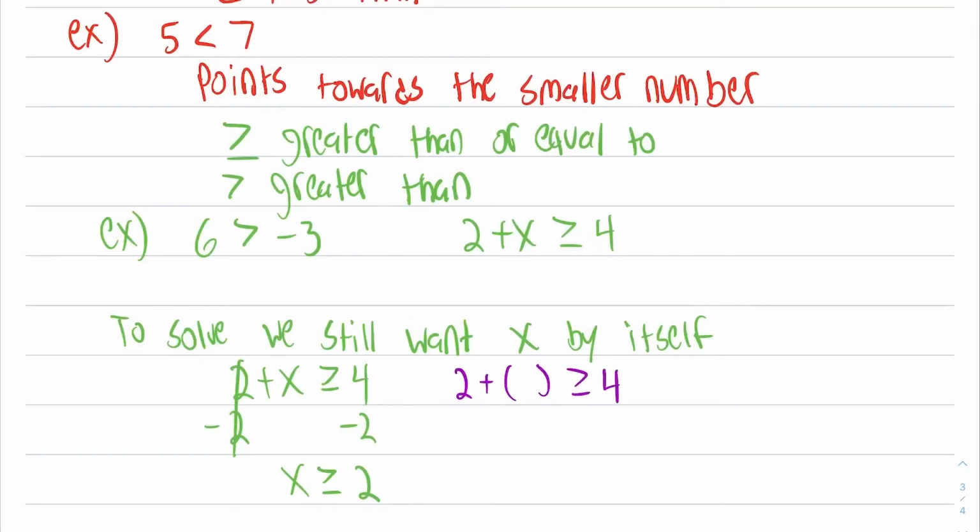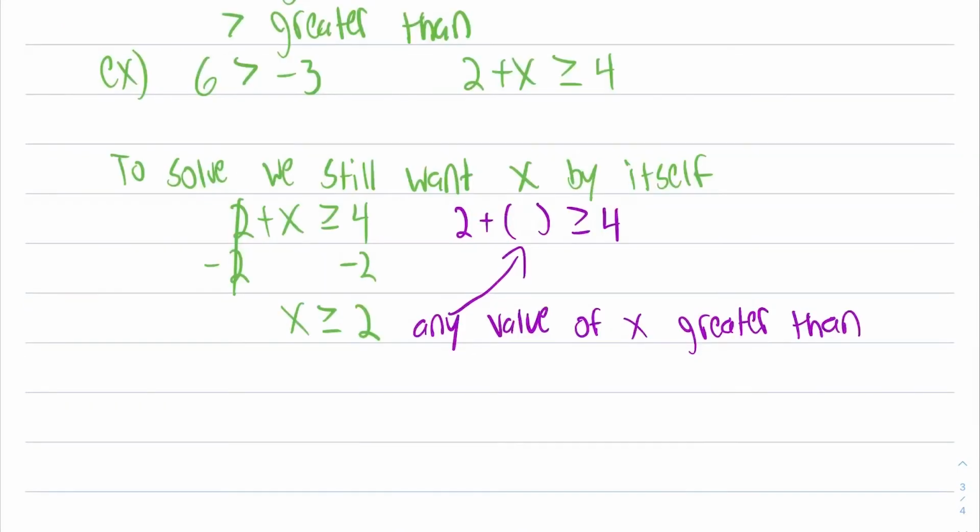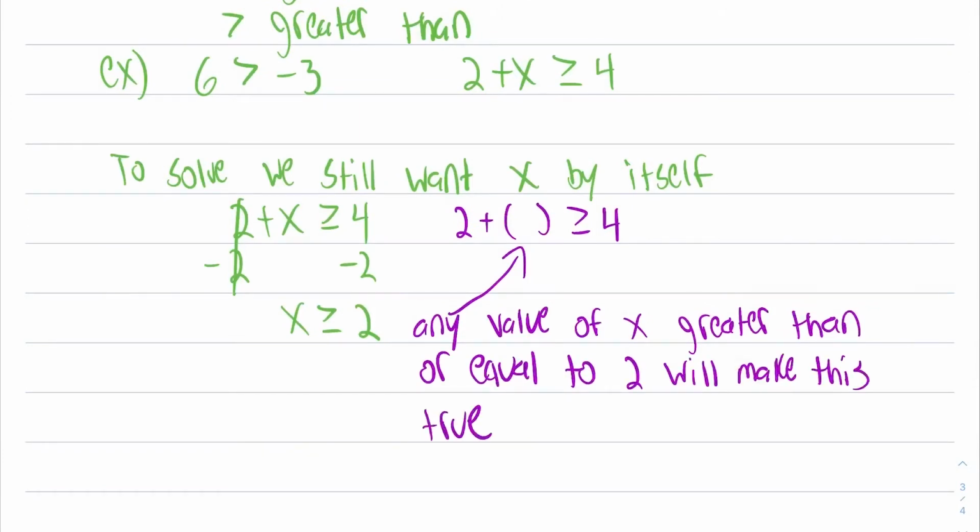In the original inequality, 2 plus something is greater than or equal to 4. We can put anything inside of that parentheses for x, as long as it's greater than or equal to 2, and the inequality is going to be true.